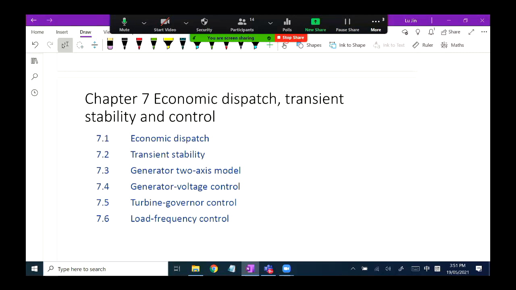But I think in the later 3 chapters, chapters 5, 6 and 7, we focus on fault analysis in all 3 chapters. When I want to test if you understand fault analysis in your system, I will focus on chapters 5 and 6, the symmetrical and asymmetrical fault analysis.